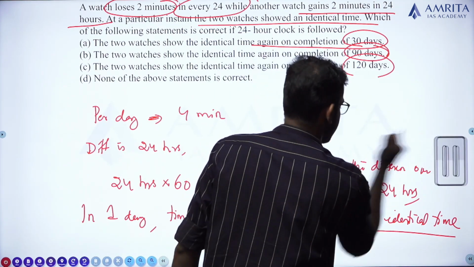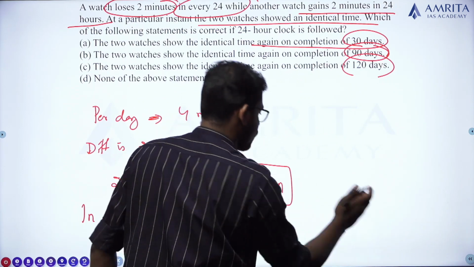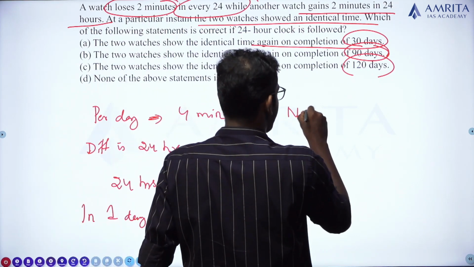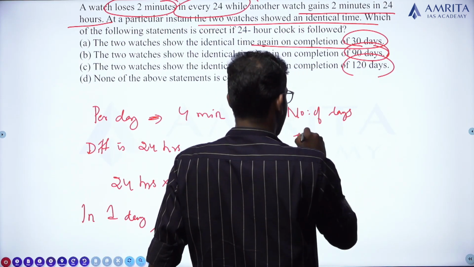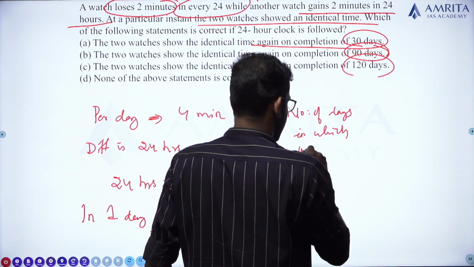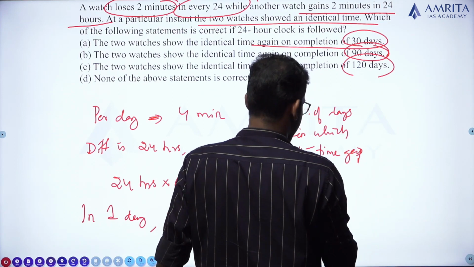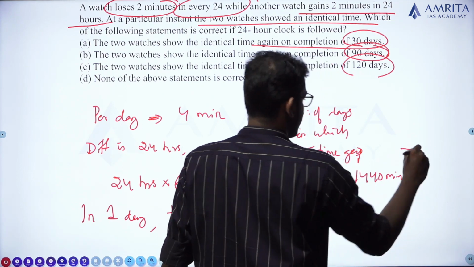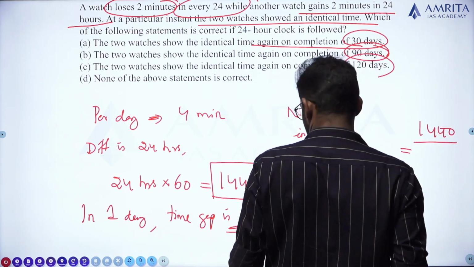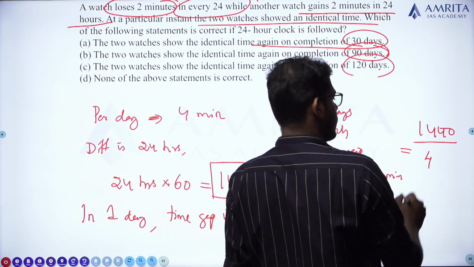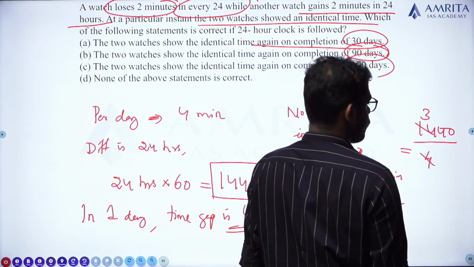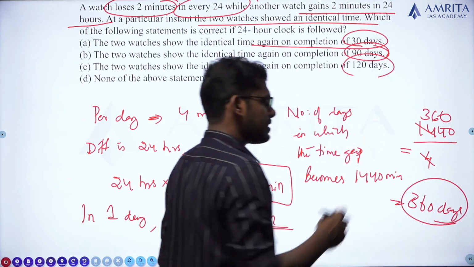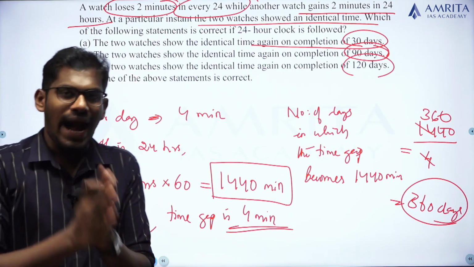So in order to find the number of days in which the time gap becomes 1440 minutes, it is equal to 1440 divided by 4, which is 360. So it takes 360 days so that the two clocks show identical time.